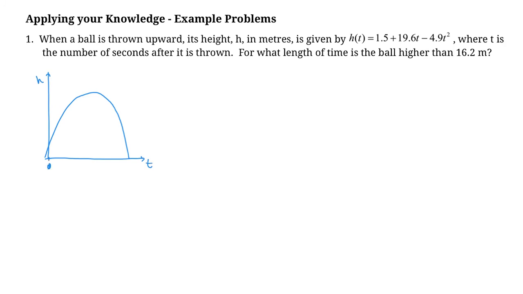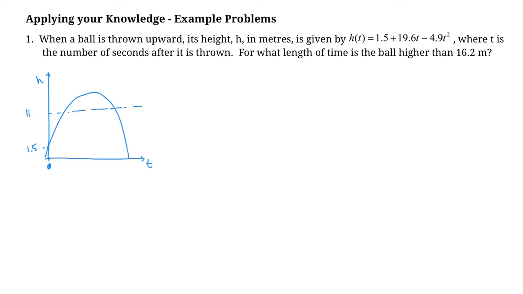And when time is 0, looking at our equation, if we inputted t equal to 0 in this equation, then our height when t is equal to 0 would be 1.5. So our y-intercept here, or in this case our h-intercept, this is 1.5. And I don't exactly know what our maximum value is, but we're just going to kind of assume where 16.2 is. So suppose 16.2 is just around here.